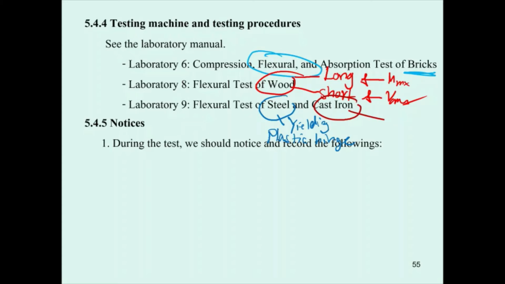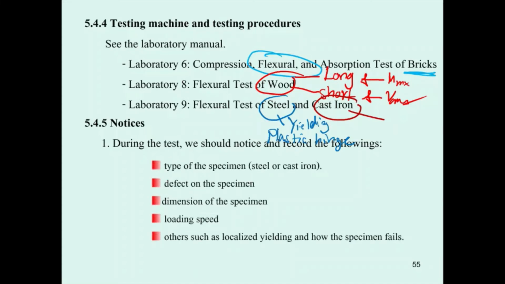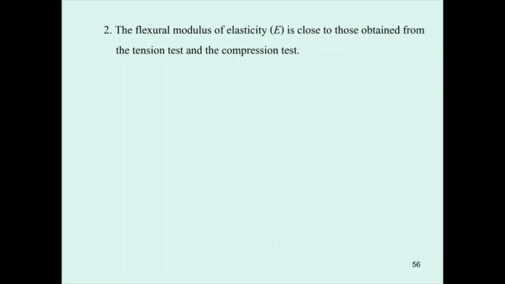And something should be noted on this. First, during the test, we should notice and record the following: the type of specimen, the defects of the specimen, which is very important, the dimensions of the specimen, the loading of the specimen, and any special type of failure of the specimen.